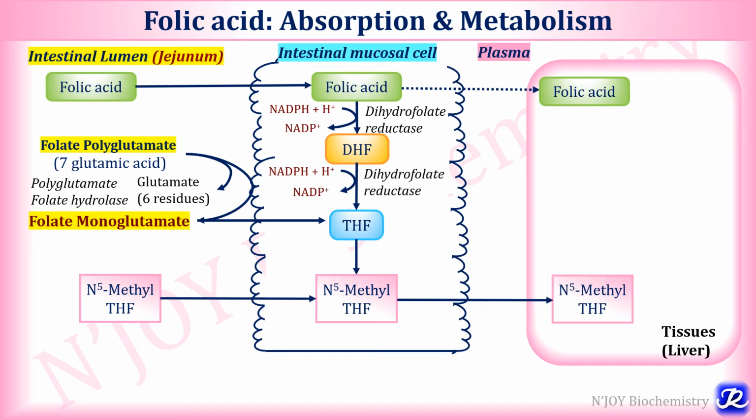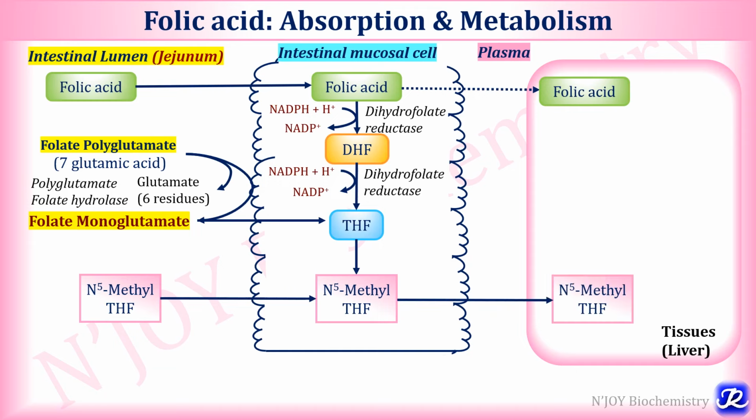C8 of purine is derived from this N5-N10 methinyl tetrahydrofolate. Then interconversion of serine and glycine involves N5-N10 methylene tetrahydrofolate, and this N5-N10 methylene tetrahydrofolate is required for the thymidylate synthesis. That is, thymidylate is formed from the deoxyuridine monophosphate.